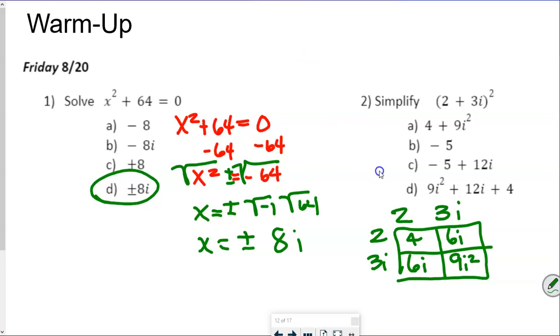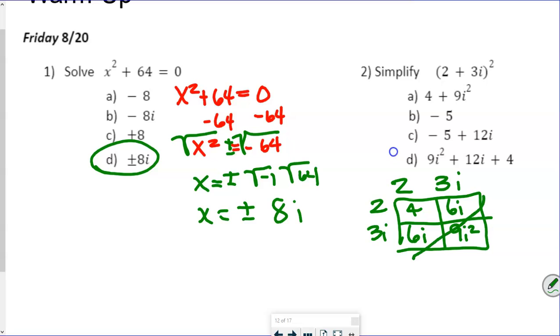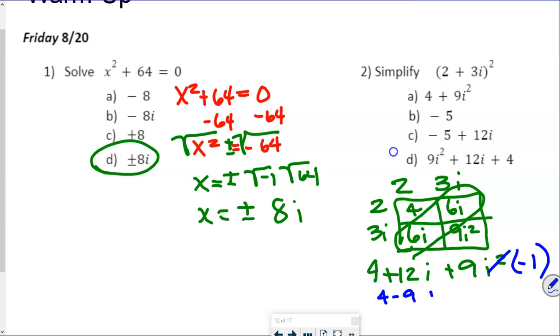Then at this point, we're just looking for our like terms. So we're going to do 4 plus 12i plus 9i squared. Hopefully you remember that we changed that i squared to a negative 1, so it's going to make that minus 9. So it's going to be 4 minus 9 plus 12i. So that's minus 5 plus 12i.